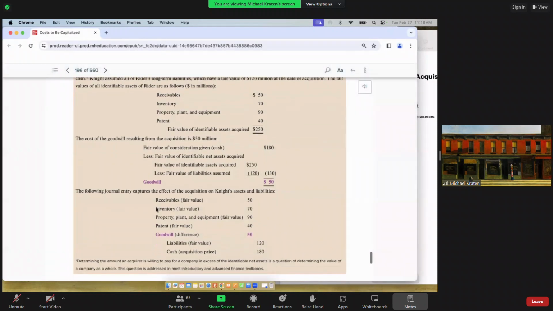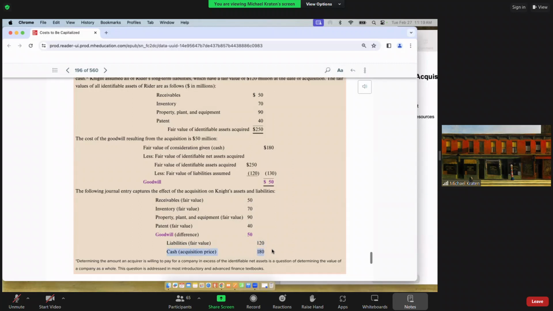It's 180. It also means that when you record the purchase of the company, okay, you are debiting all the identifiable assets that you have purchased. You are crediting the liabilities that you are going to assume and pay.